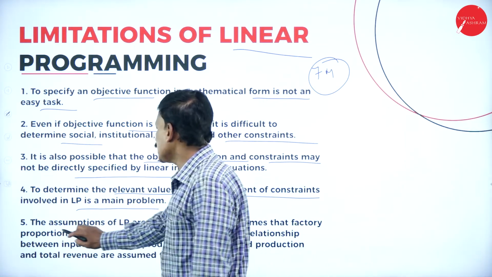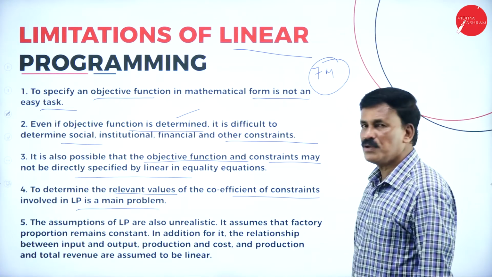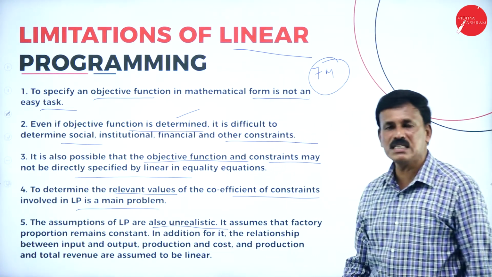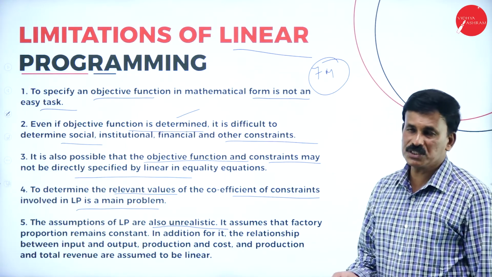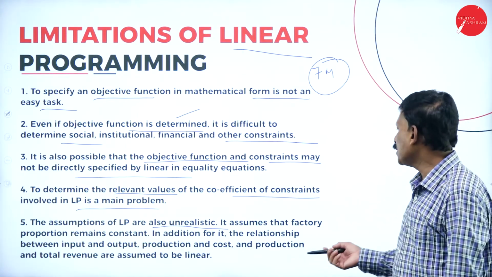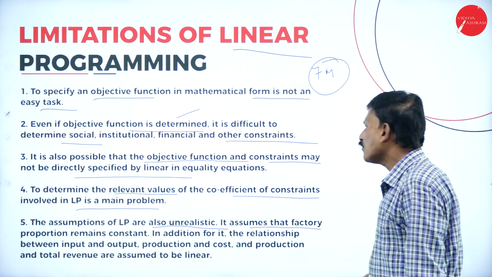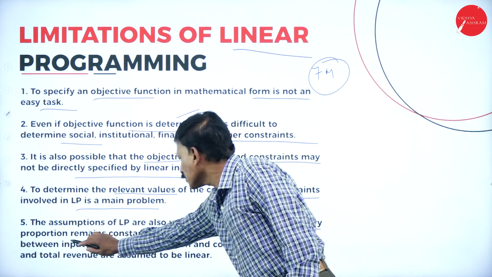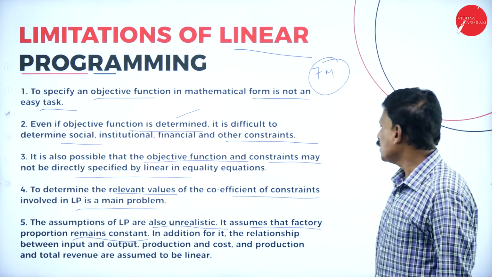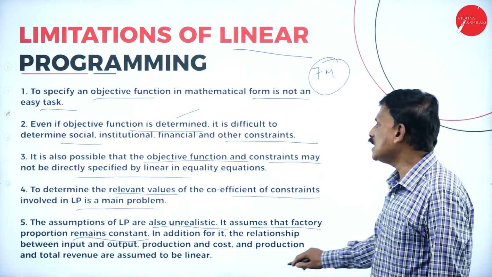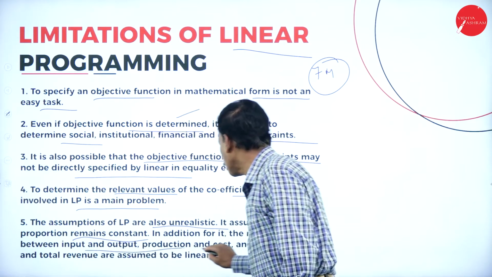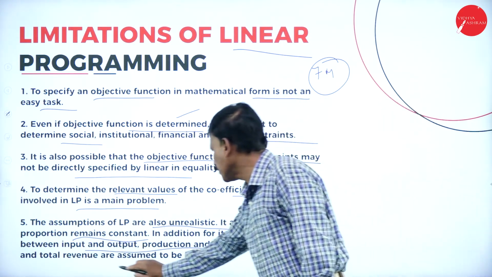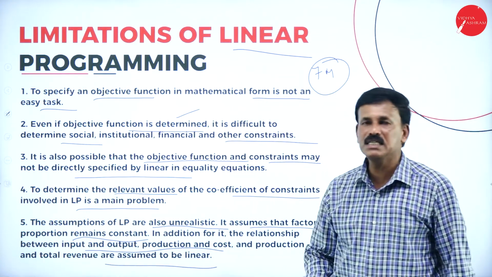Next, the assumptions of LPP are also unrealistic. It is an unrealistic method. It assumes that the factor proportion remains constant. In addition, the relations between input and output, production and cost, and production and total revenue are assumed to be linear.